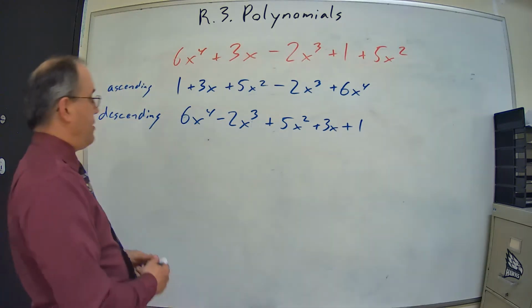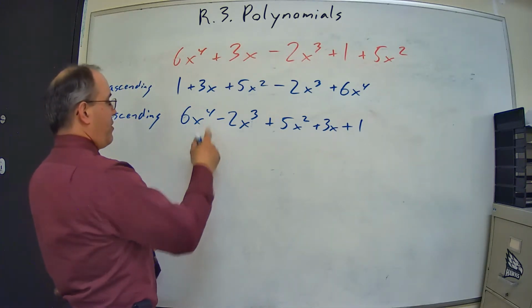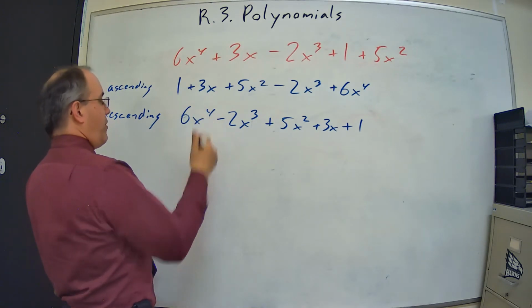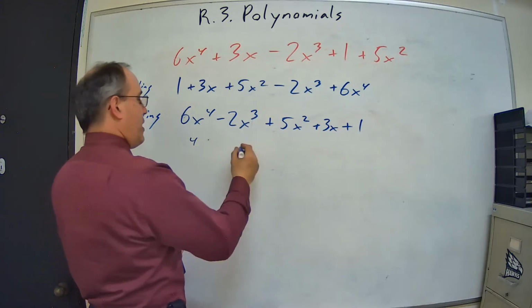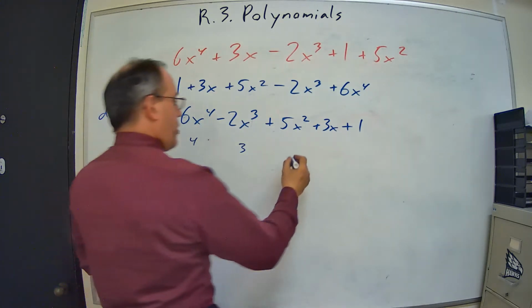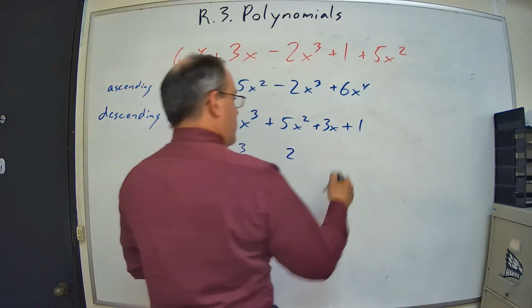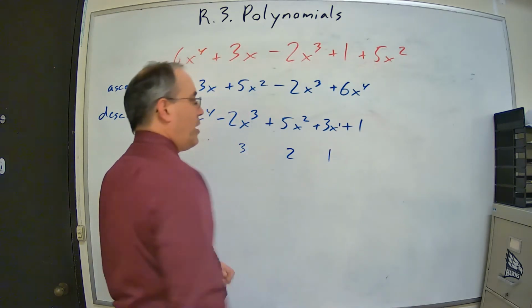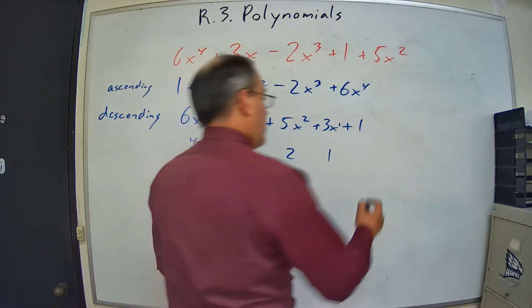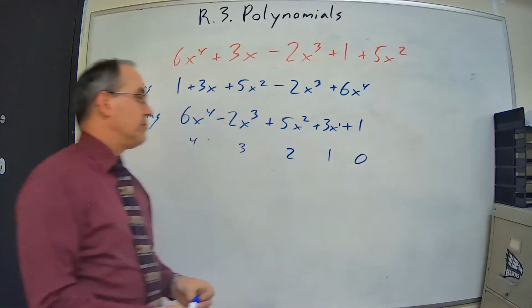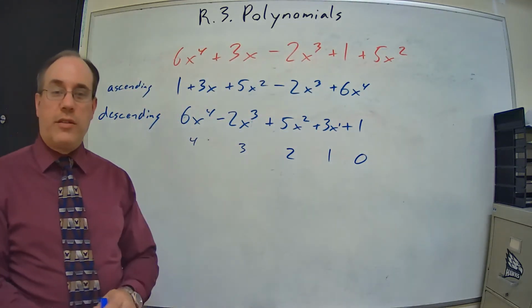So in this case, this term, x to the 4th, would have a degree of 4. This term, x cubed, would have a degree of 3. x squared, a degree of 2. x to the 1 has a degree of 1. And remember, that's times x to the 0, which has a degree of 0. So those would be the degrees of those terms.